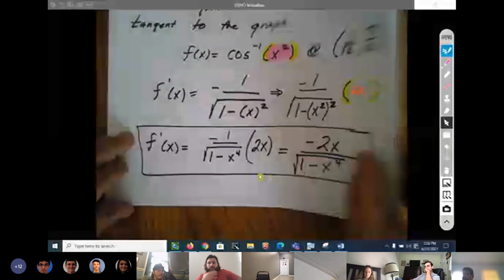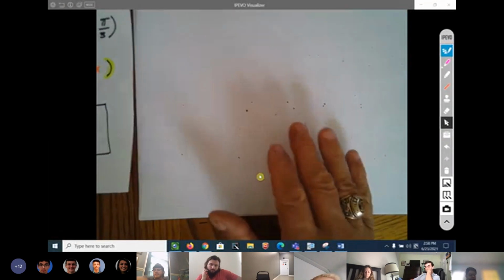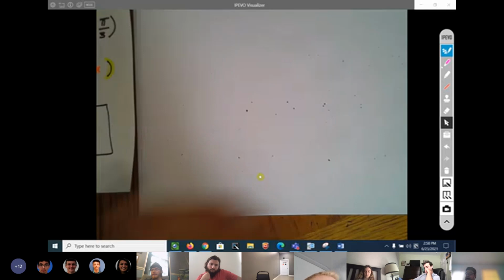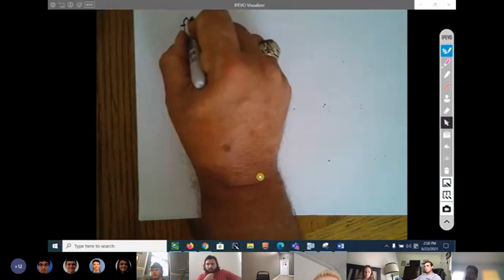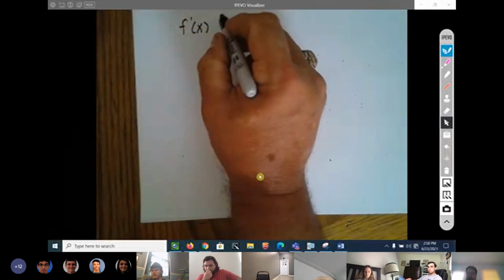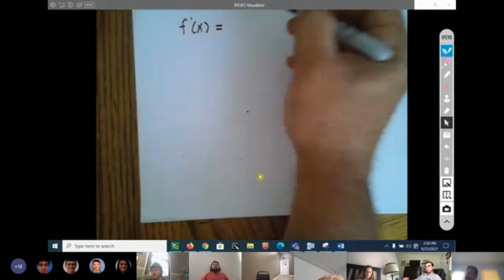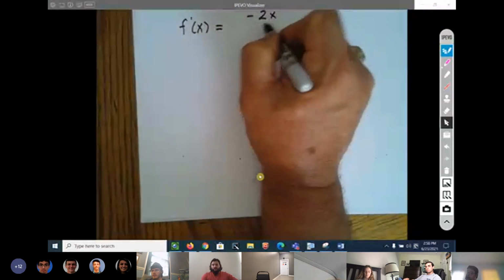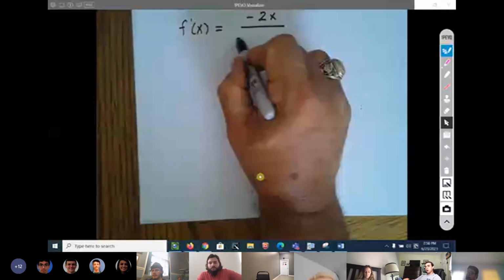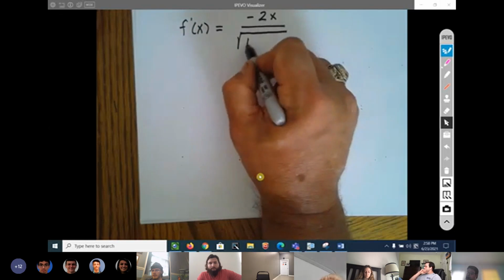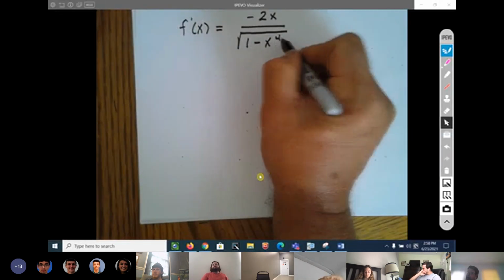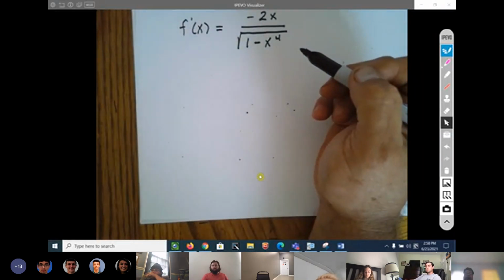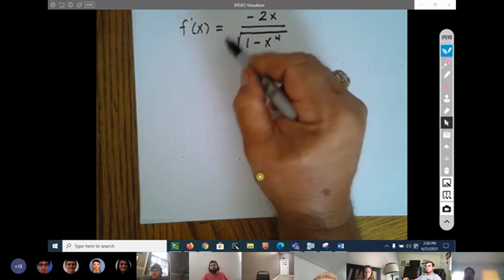So I'm going to go to the next page and rewrite my formula. F prime of x is equal to negative 2x over the square root of 1 minus x to the 4th. And also, I'm not simplifying this.